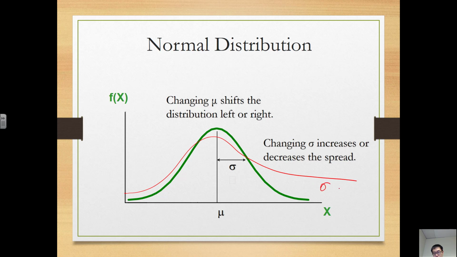This is sigma, it's large. Okay, so if you have a small sigma, then the curve will be like this. This is small sigma.